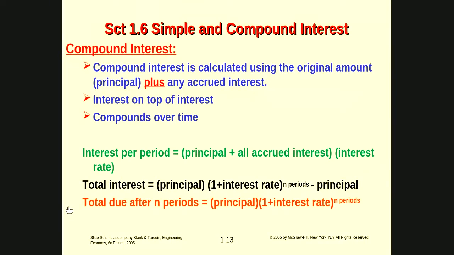The total due here means the total including the interest and the principal, which is the original plus the interest. So the total due, in red here, the last formula, is the principal multiplied with 1 plus the interest rate to the power n periods.